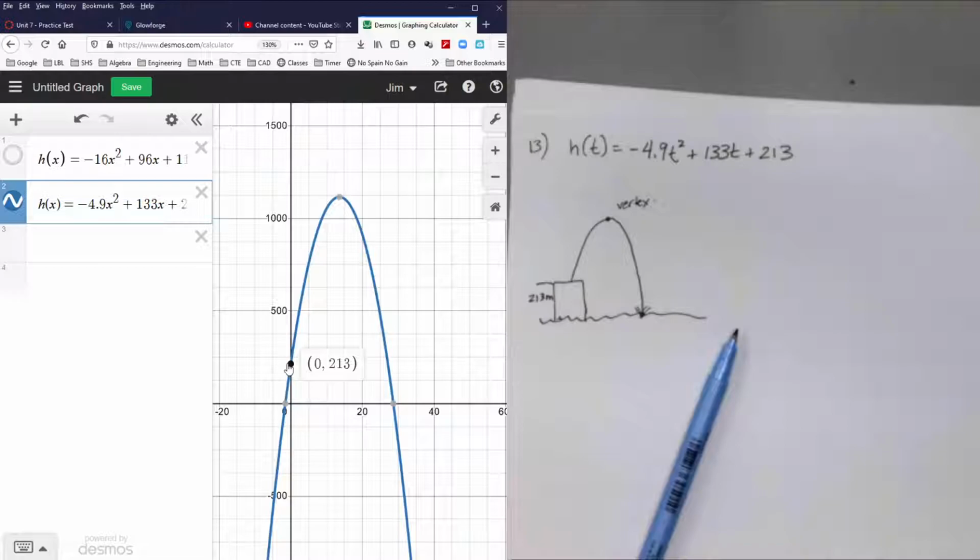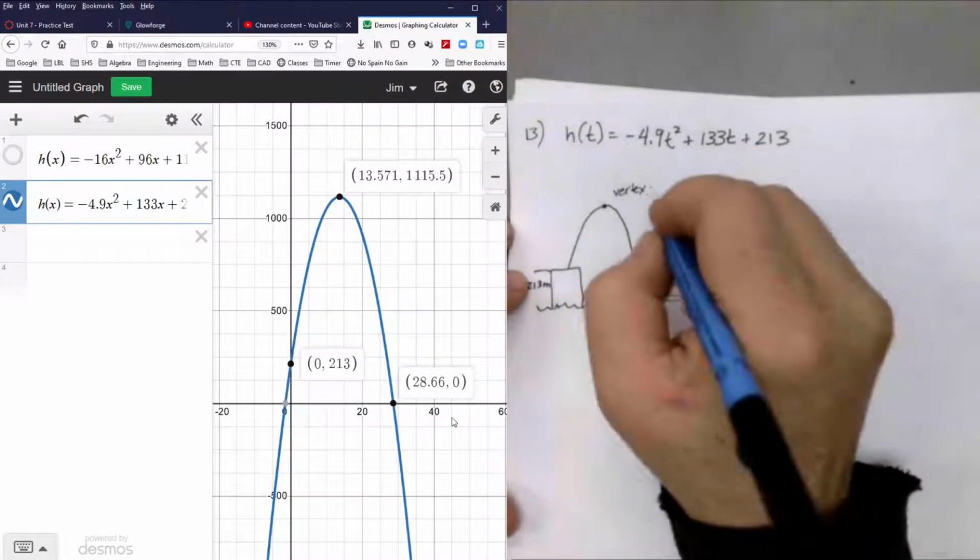So there's the height. There's where the rocket launches from. There's the top of it. Okay, so it reaches a height of 1,115.5 meters, and then it splashes down right after 28.6, 28.7 seconds. Okay, so I'm going to write these down on my paper here.